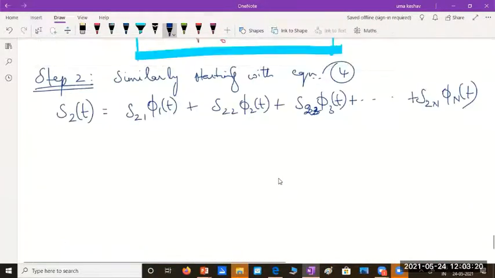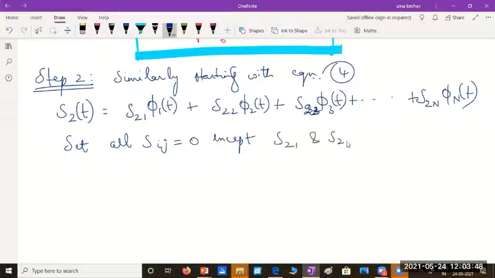And here what should I do? I'll leave out the first term and coefficient because we already know the value of phi 1. I have to find phi 2, I have to find the coefficients S21 and S22. So set all Sij to 0 except S21 and S22, because we are considering only these to exist now.